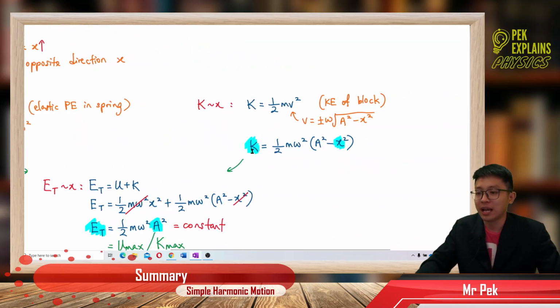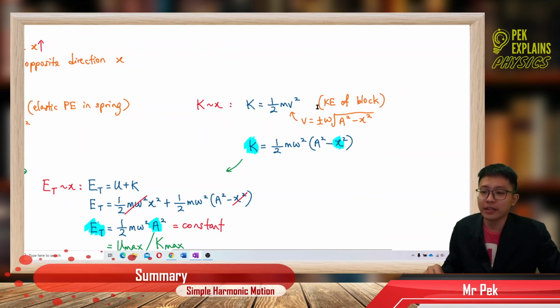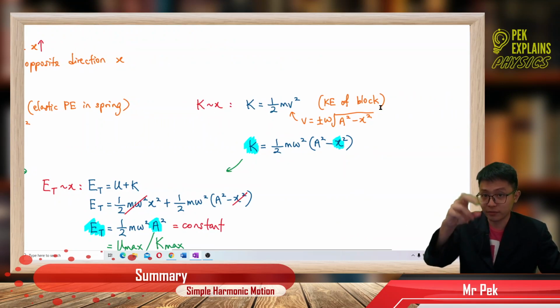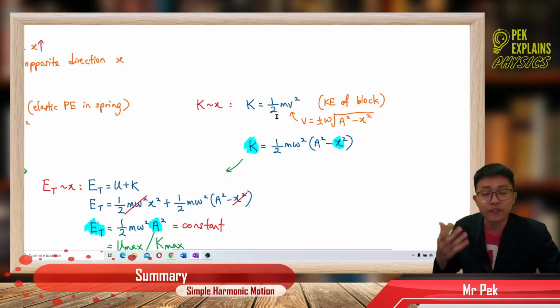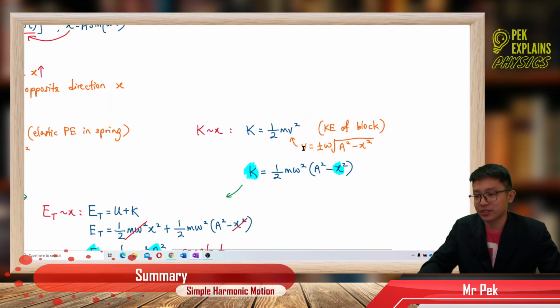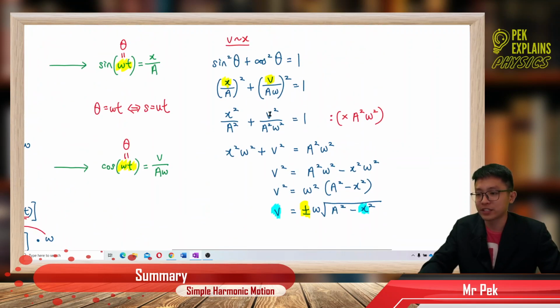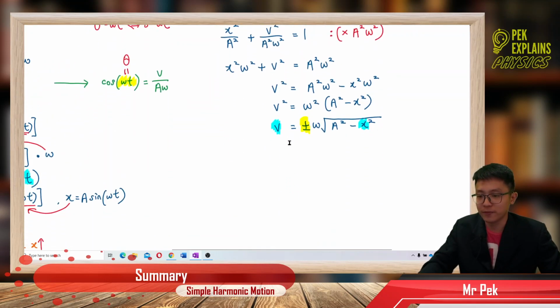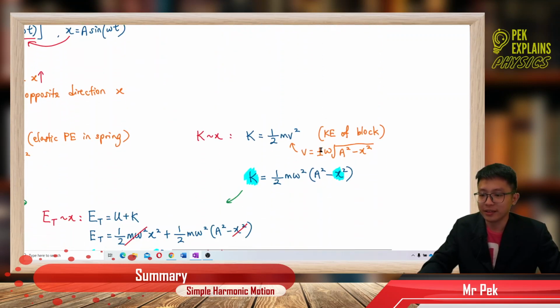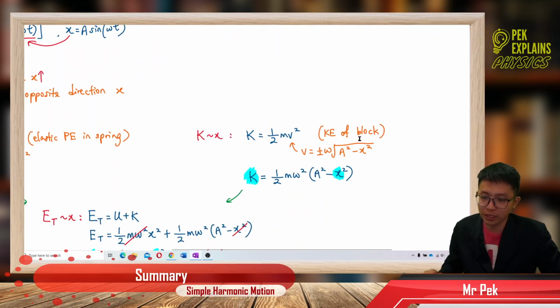Now, how about kinetic energy? It is the kinetic energy of the block, which just now was going up and down. It has a velocity, so half mv square. Now we substitute v with the formula for v in terms of x, and that's why we get K equals half m omega square, A square minus x square.